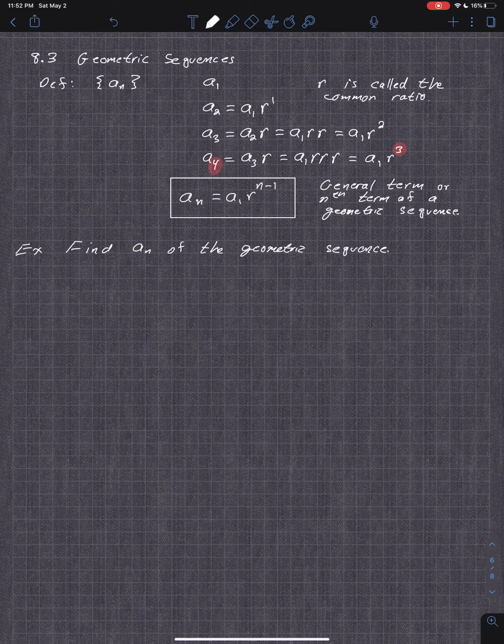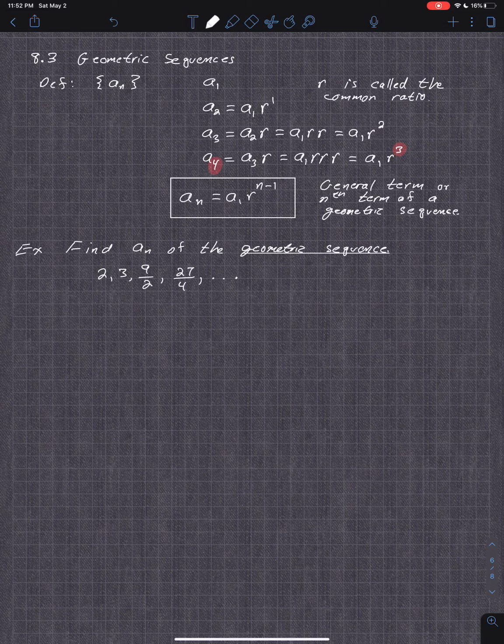So it tells you that it's geometric, so you can use everything you know about geometric, which is basically everything just right above, not much else. It's given to be 2, 3, 9 halves, 27 fourths. Okay, so there's my sequence.